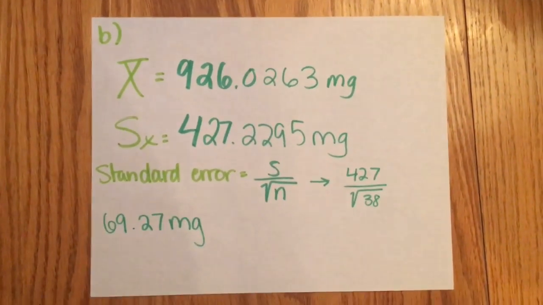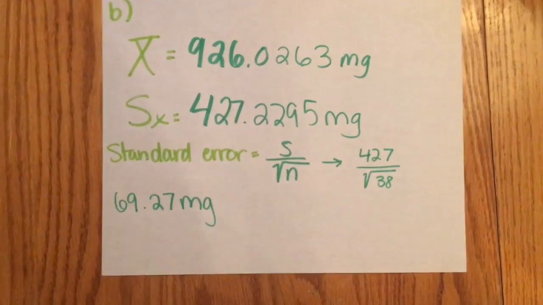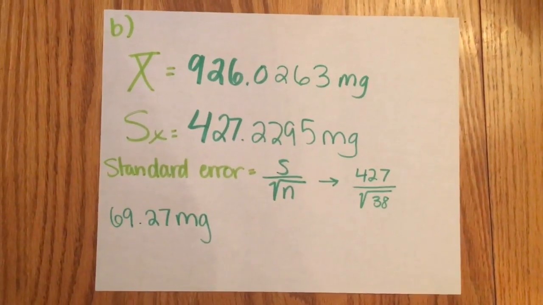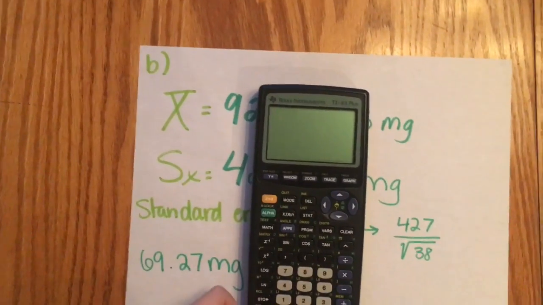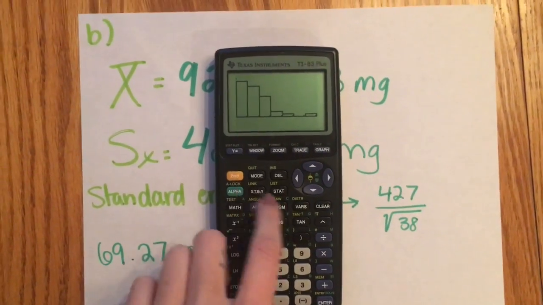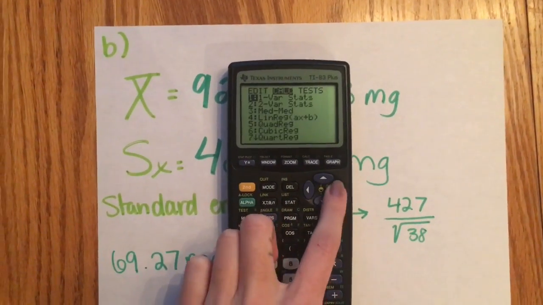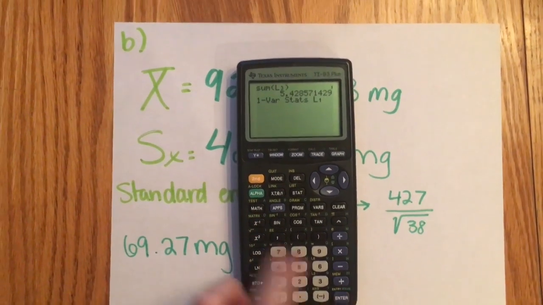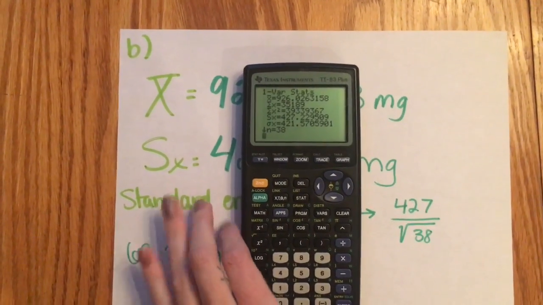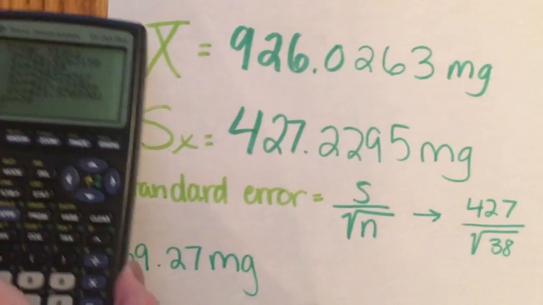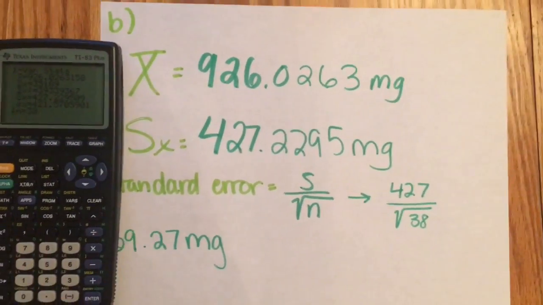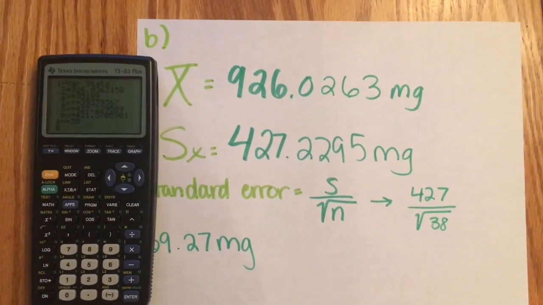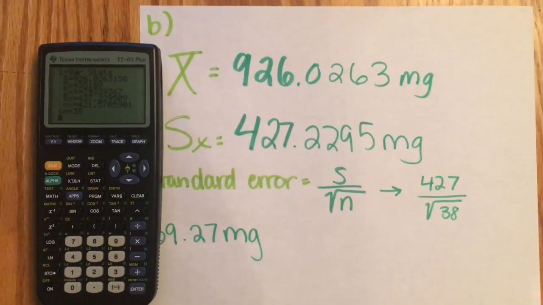Okay, so for part B, it says to calculate the mean, the standard deviation, and the standard error. So I just went in my calculator. I hit stat, calc, 1-var stats, list 1, enter. And with this, I get my mean is 926.0263.